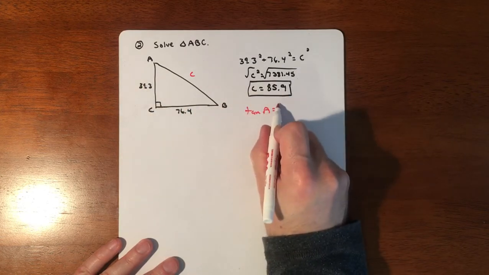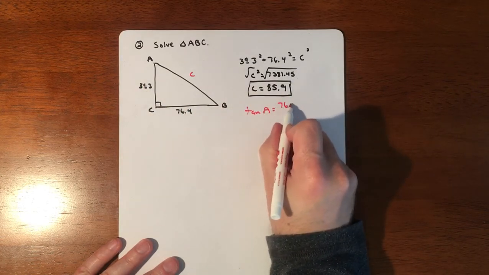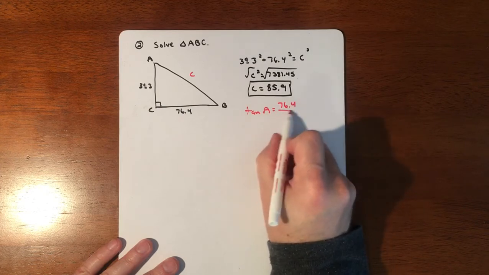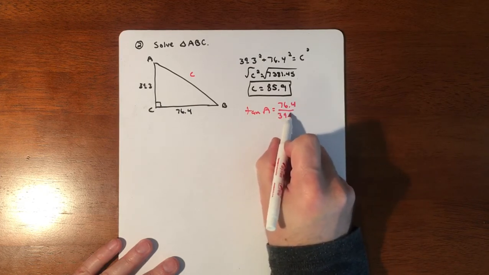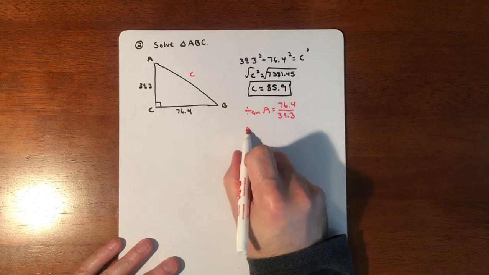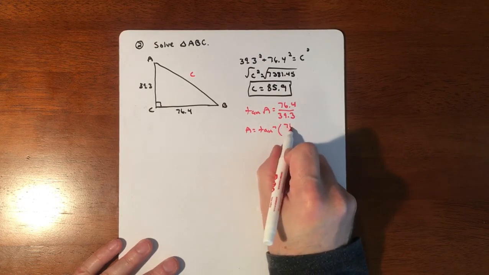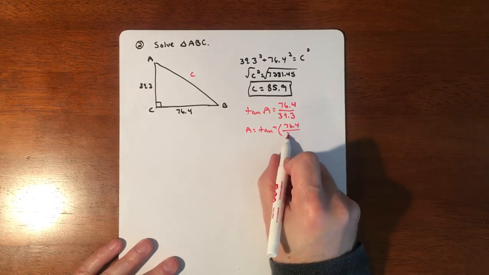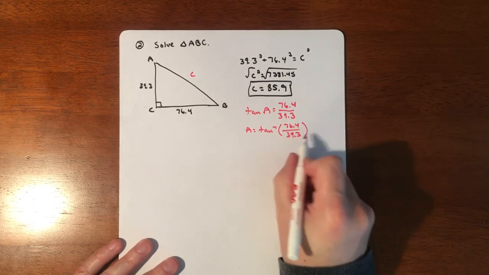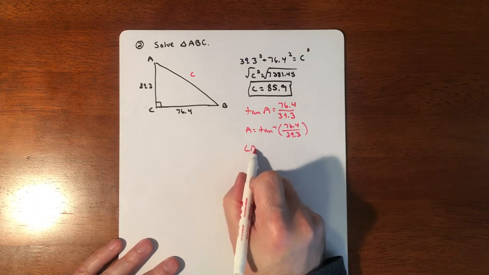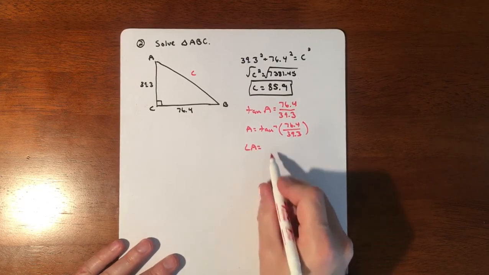So tangent of A equals 76.4 over 39.3. And then in our calculator, we would be doing the inverse tangent of 76.4 divided by 39.3.